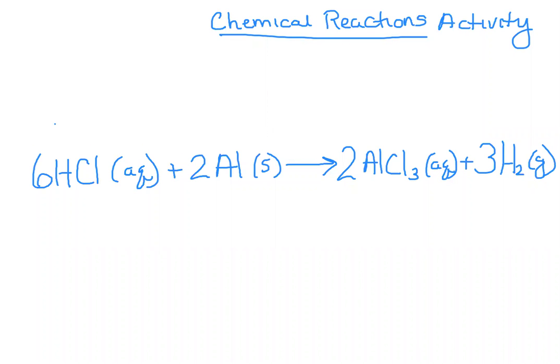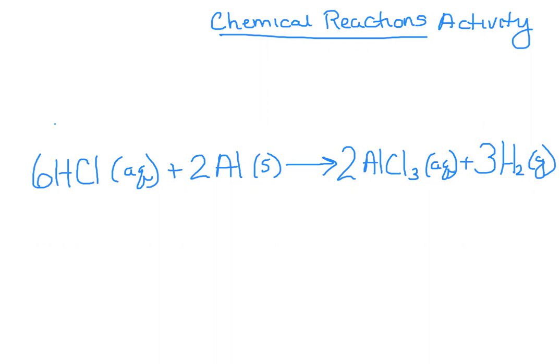So let's start with the first one that says parts of a chemical equation. Okay, parts of a chemical equation, and you have this equation written on your paper with some boxes around.